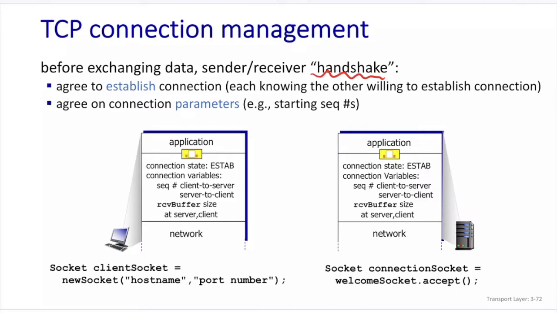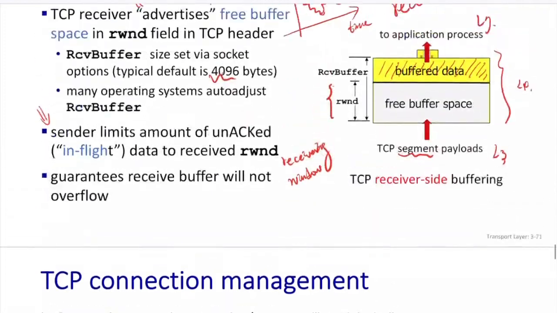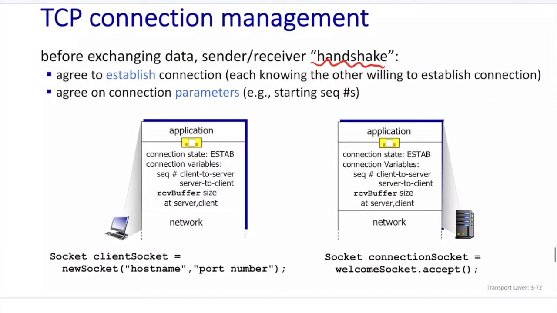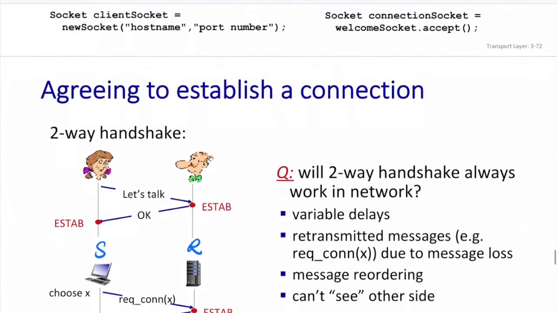So before sending messages, both of them need to agree they intend to establish such a connection, and then they agree on certain connection parameters. As I mentioned before, sequence number, and of course they have to exchange the current receiving window number at this moment. Okay, so let's simply take a look at this one.